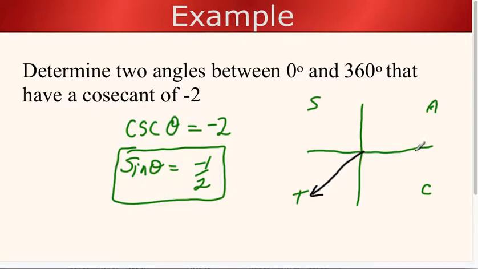So our terminal arm is lying here, and it's also going to be here in the fourth quadrant. So we're looking at what two primary angles give me a sine of negative a half. And also this one here, which has gone past 180, past 270 into the fourth quadrant.